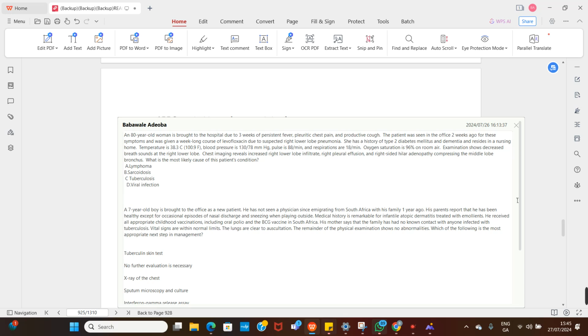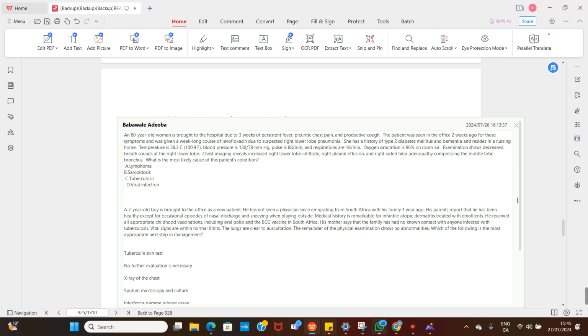She has a history of type 2 DM and dementia and resides in a nursing home. Temperature is elevated, blood pressure okay, oxygen saturation okay. Examination showed decreased breath sounds at the right lower lobe. Chest imaging reveals a right lower lobe infiltrate, right pleural effusion, and right-sided hilar adenopathy compressing the middle lobe bronchus. Which of the following is the most likely cause of the patient's condition?